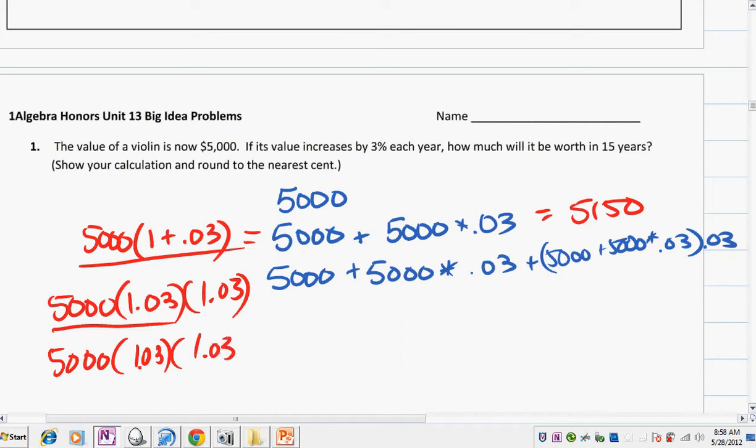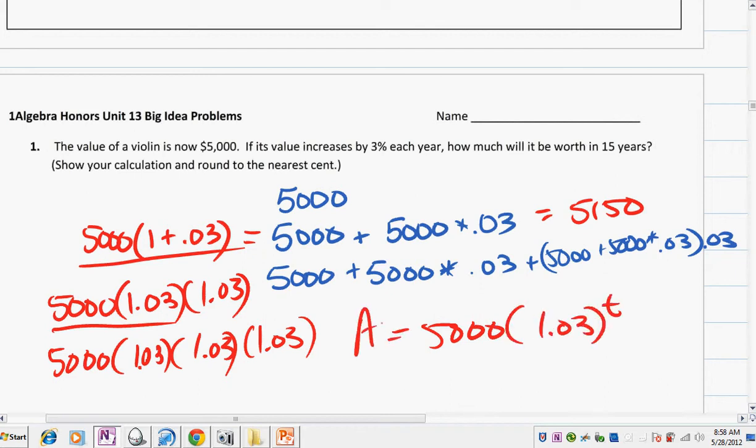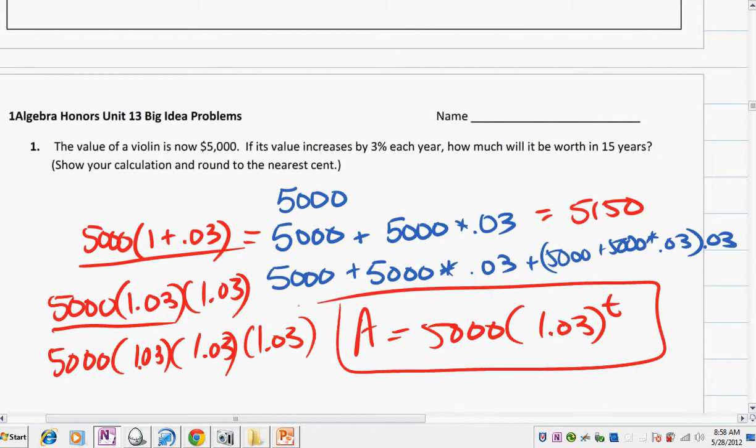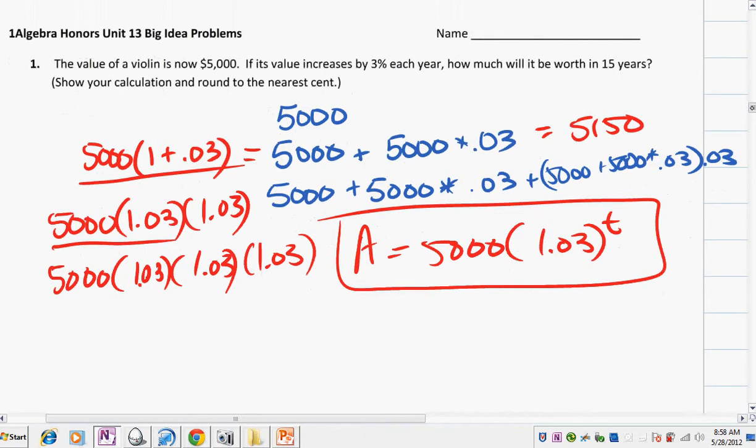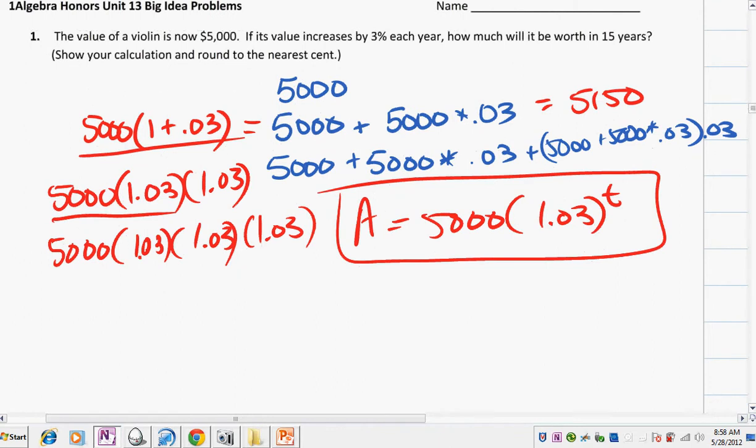This is how much I had in the third year, and then times 1.03. Or 5,000 times 1.03 to the t is how much money I have. An exponential function. Percentage growth is exponential growth because it's growing by a multiplication factor of 1 plus the percent, or if it's decreasing by a percent, 1 minus the percent.